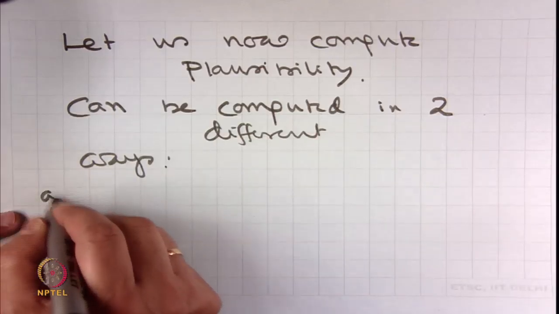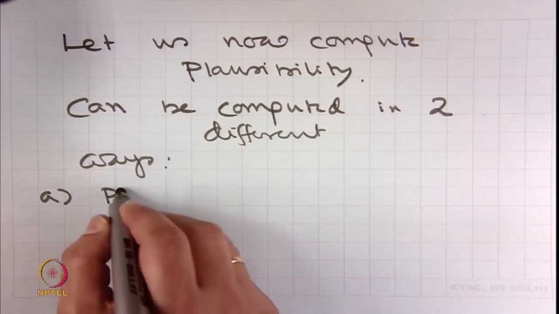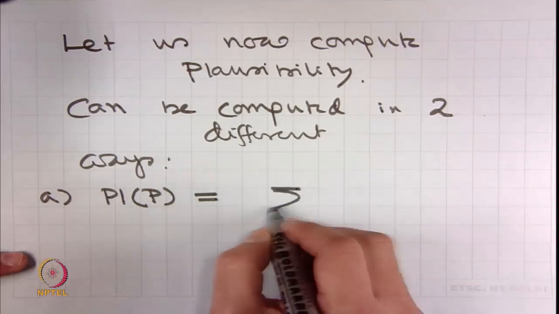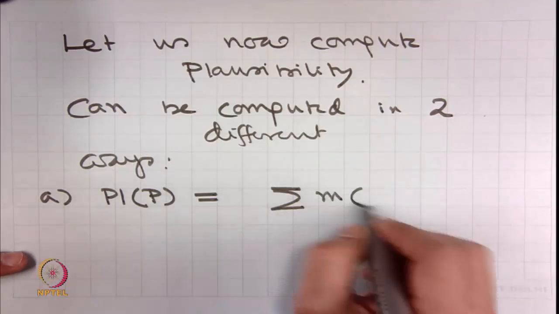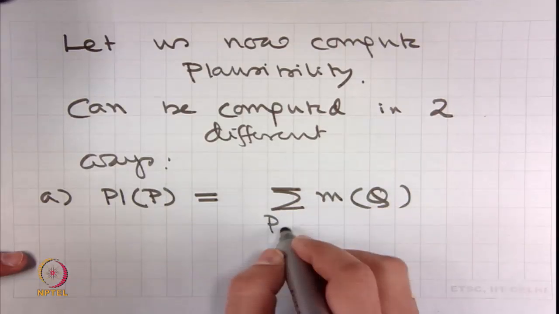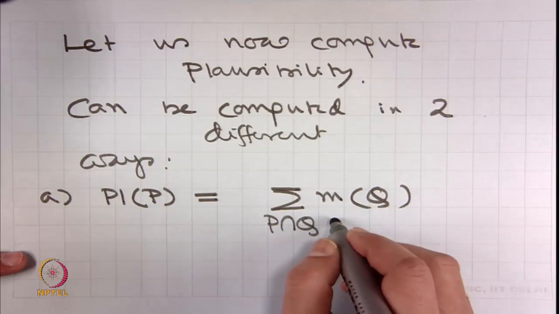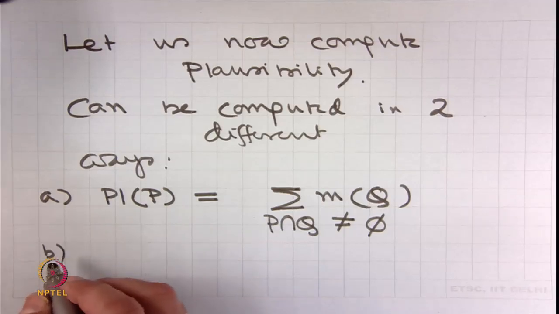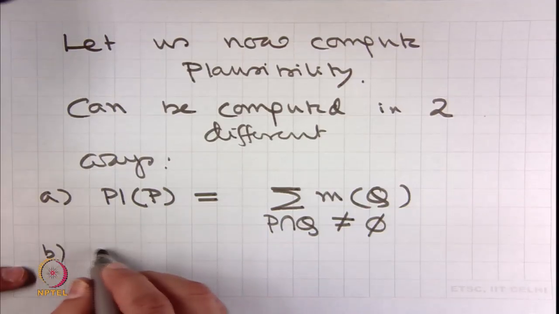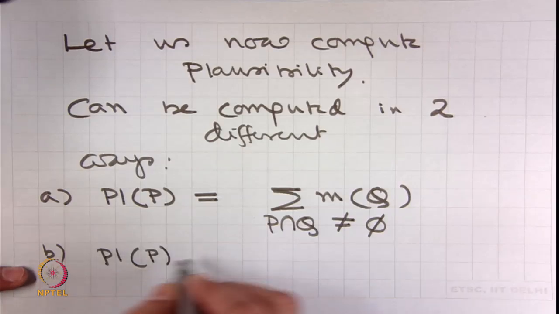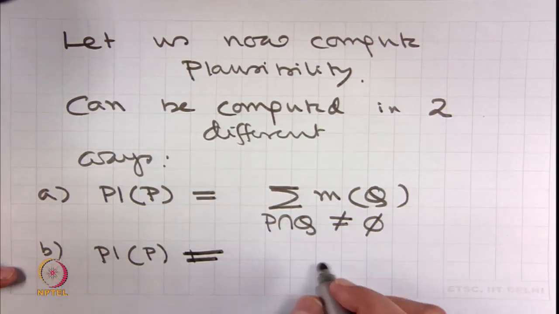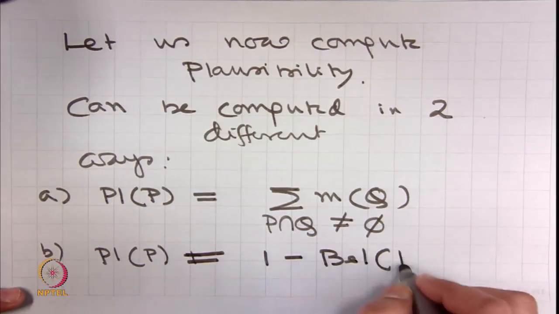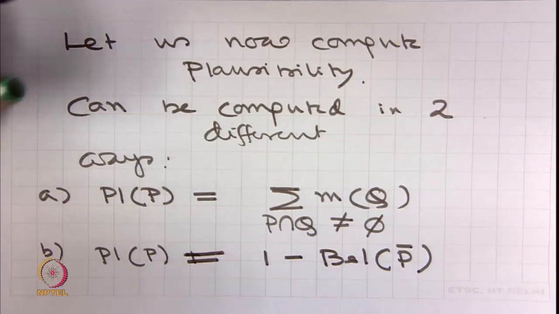One is plausibility of a set P is equal to sigma over m(Q) such that P intersection Q is not equal to phi. And the second one is that plausibility of P is equal to 1 minus belief of P complement.